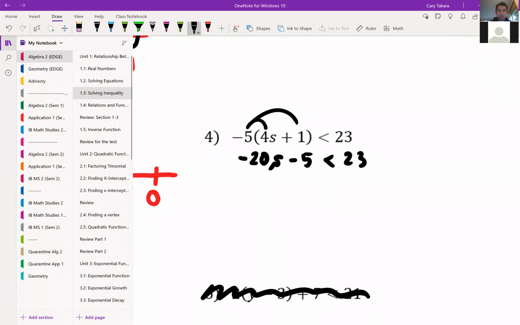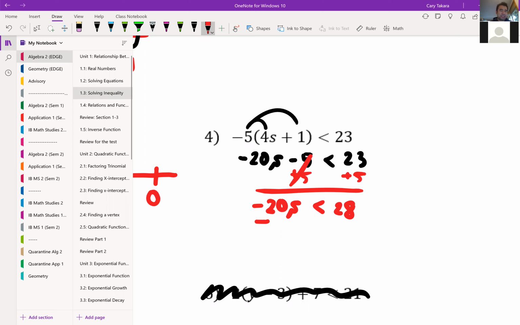And then I'm going to add 5. So I get negative 20s is less than 28.